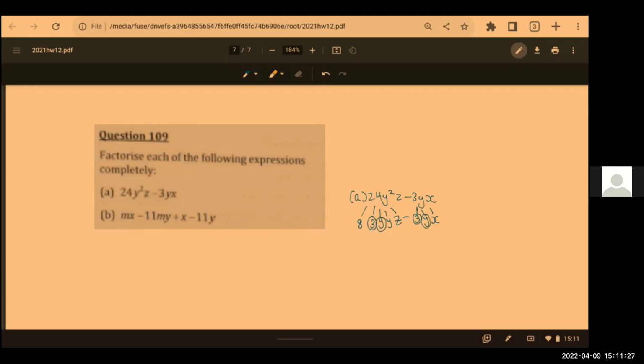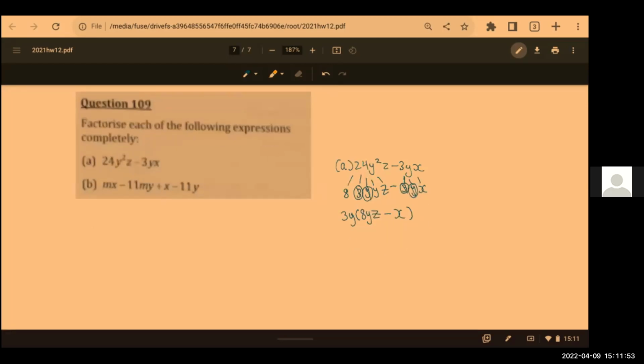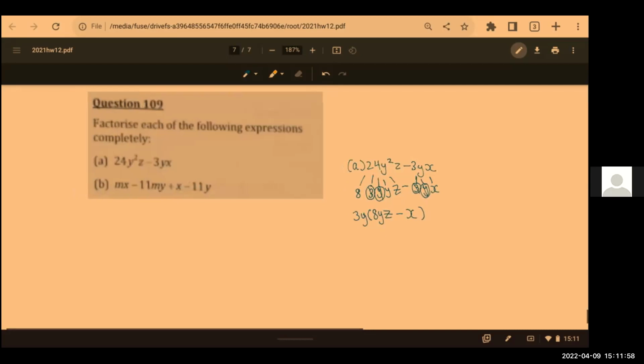Never mind. This time just circle it. Next time, please underline it. All right. Good. Yep. So that's how you factorize this A. Can you do a B? Can you do it just below here?